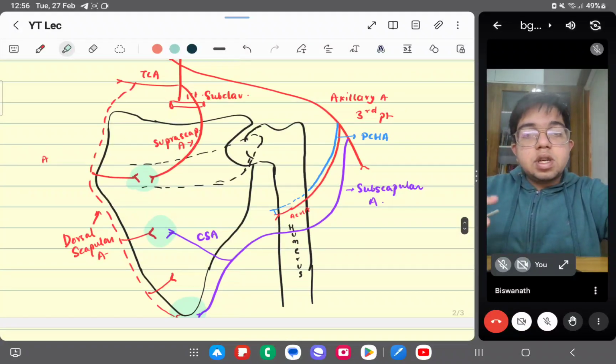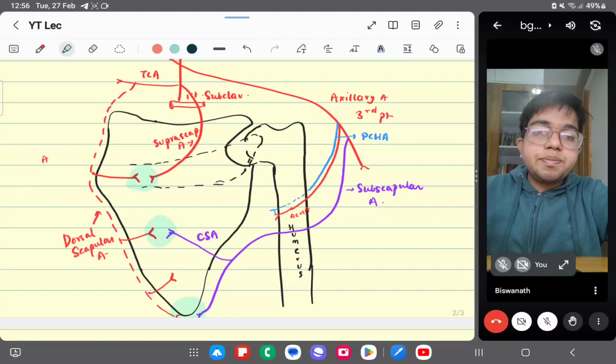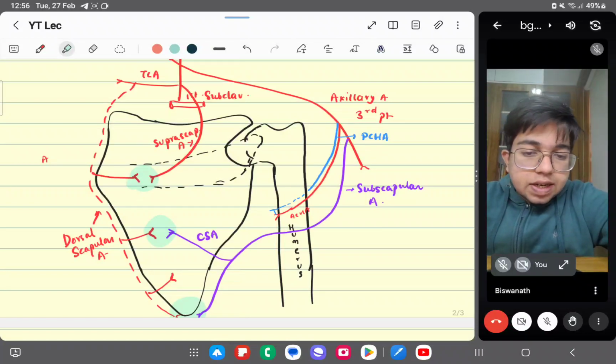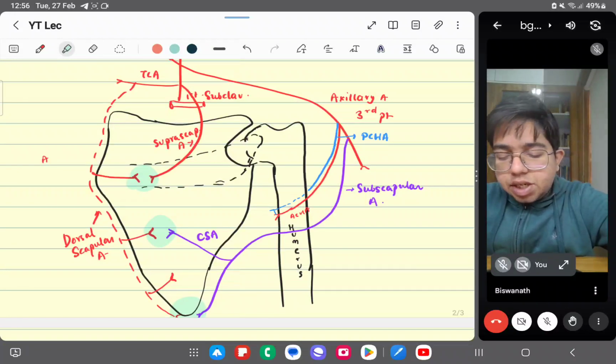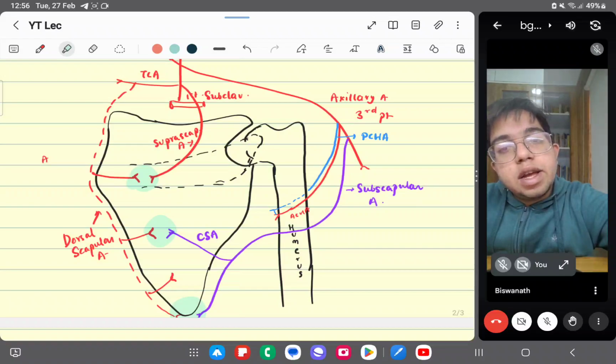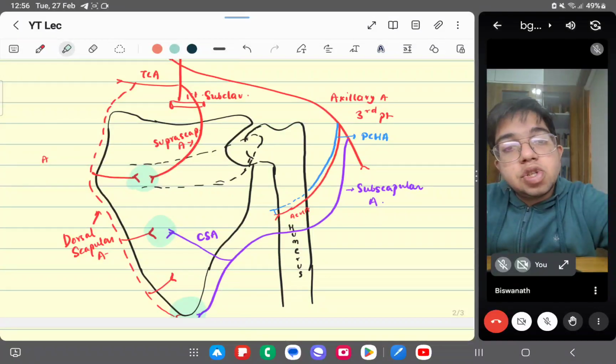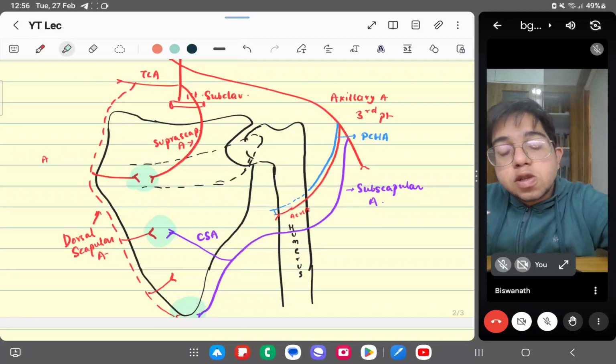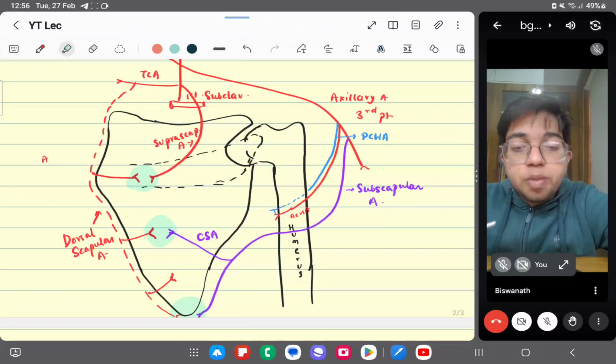Another branch. What happens is that if you want to know, this posterior circumflex humeral artery, this PCHA, gives an acromion branch, and this suprascapular artery also gives an acromion branch to the acromion process.